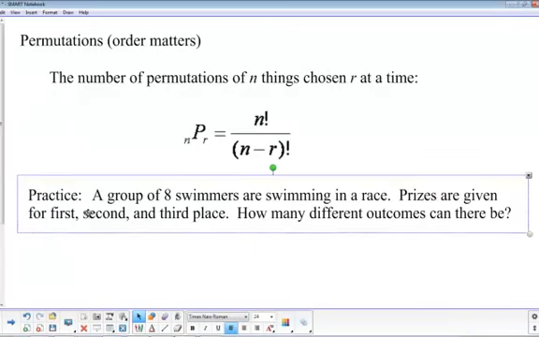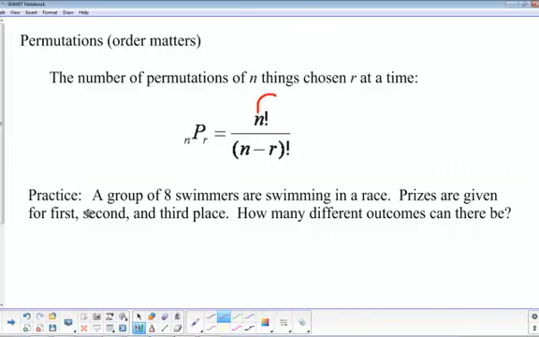So this formula is called permutation, where order matters, and it's written like this, and n is the number of choices that you have, and r is the number that you're choosing.